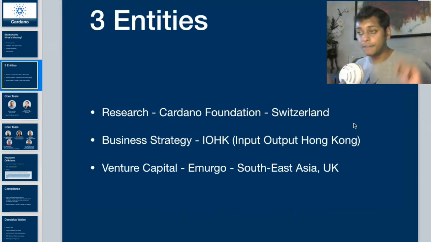And lastly, the venture capital leg of this, in order to make sure that ideas fostered by the Cardano team and ideas that should be implemented on the Cardano platform actually have the right connections, both financially and intellectually, in order to make their projects a reality.